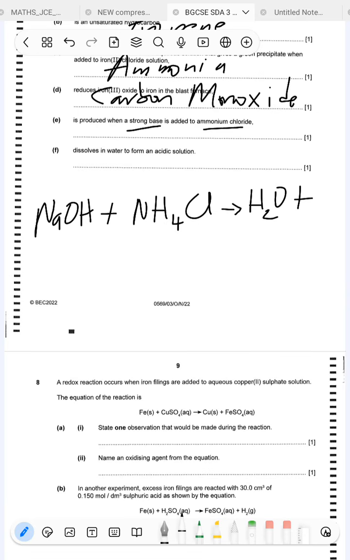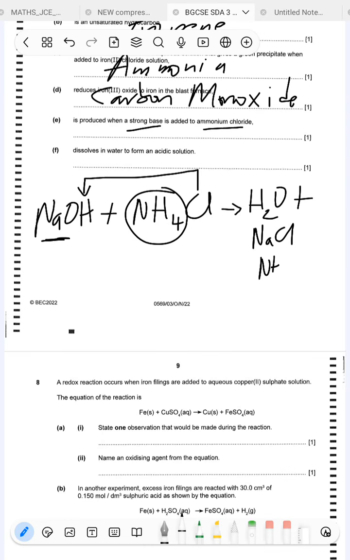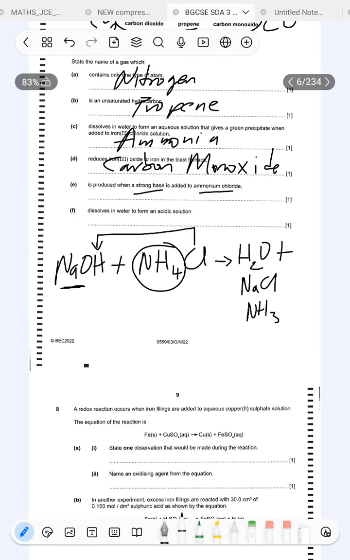So you get your water, H2O, plus a salt. The salt is going to be sodium, it is going to take this ion. Okay, so it's going to be the sodium chloride. That's the salt. And then these two here will form the NH3, which is the ammonia gas. Okay, so that's the reaction there.